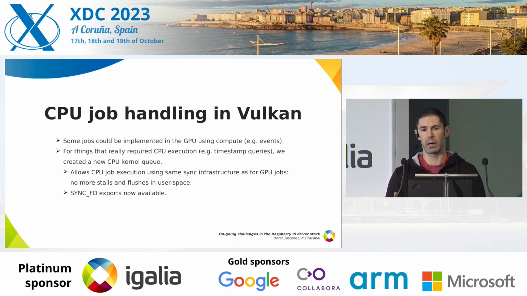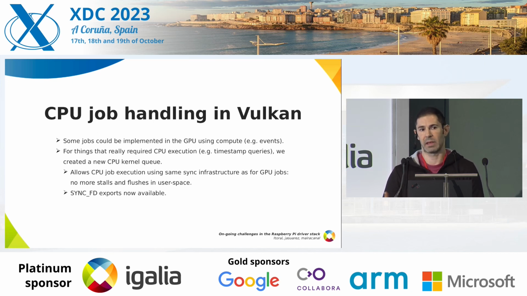The way we have been handling this is twofold. On the one hand, there are some things that we push to the GPU through compute shaders, and this is the case for event handling now. And then for things that really require the CPU, like timestamp queries, Mayra has been working on implementing a new type of queue in the kernel, which is a CPU queue.